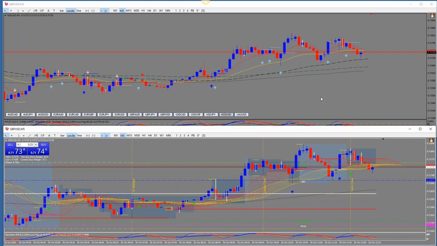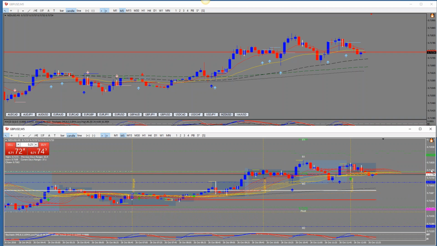So I'm going to wait for that to break above the 75, and then maybe come back and retest it, and then more than likely, if it's done its retesting properly, it'll go up to the next big number, which is 0.